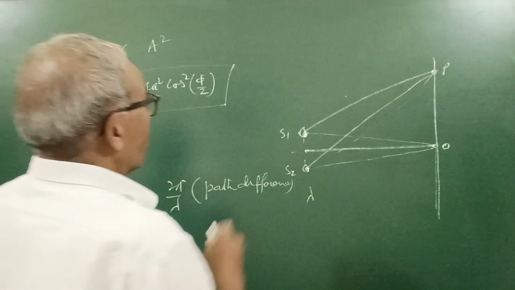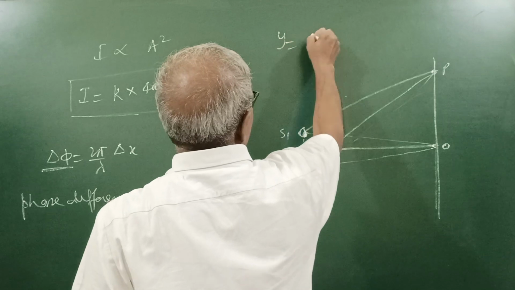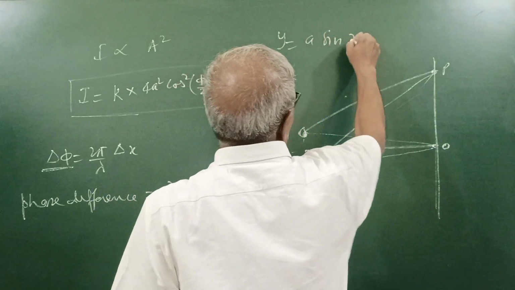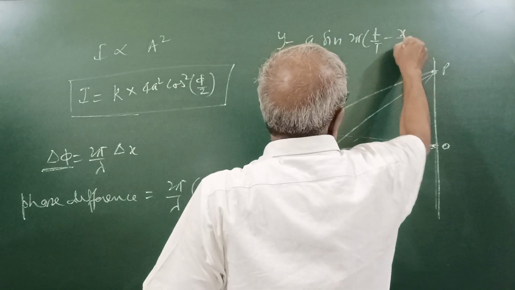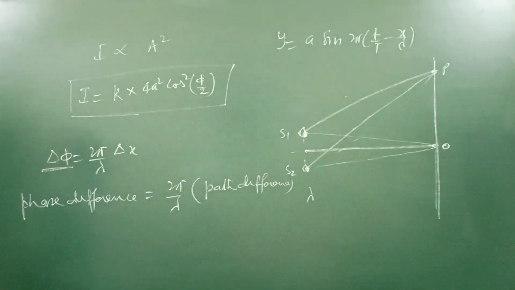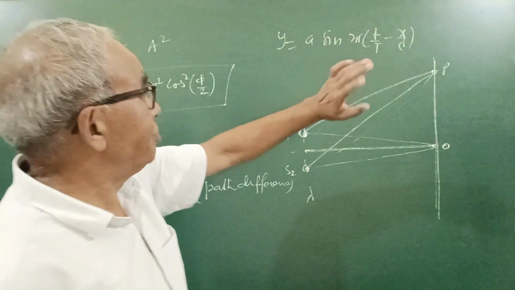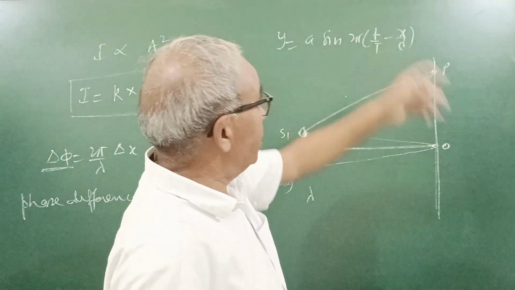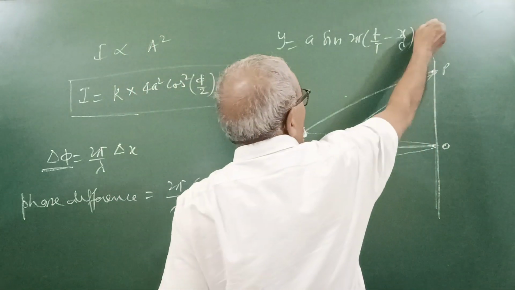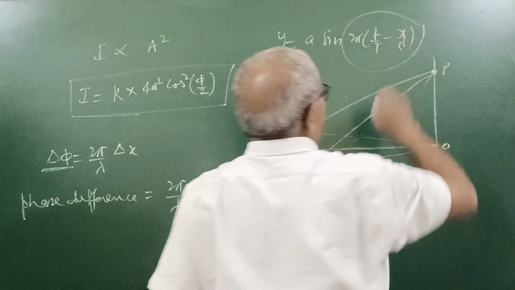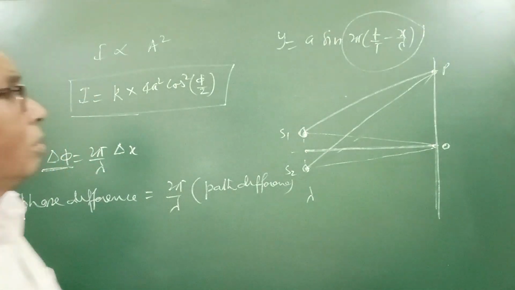Actually, the equation of a progressive wave is like this: A sine 2 pi (t upon T minus x upon lambda), the equation of a wave traveling in the positive direction having amplitude A, time period T and wavelength lambda. This whole thing is called phase.